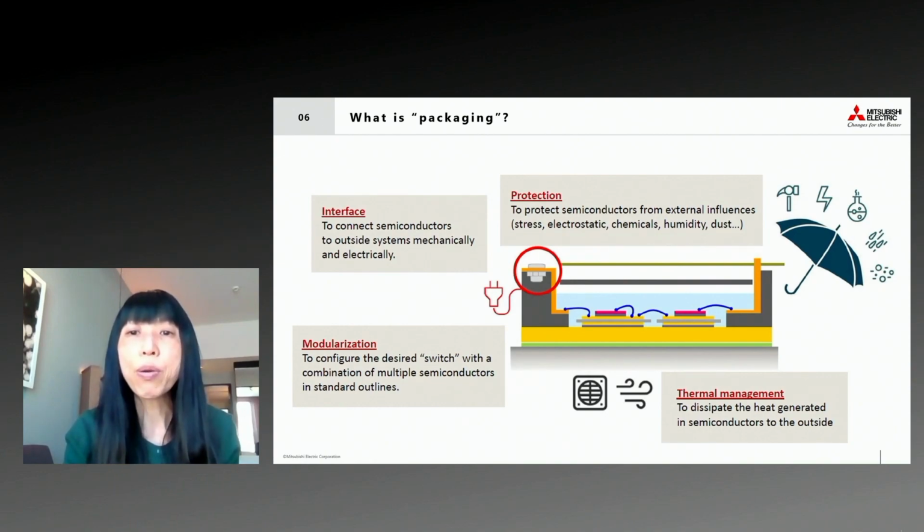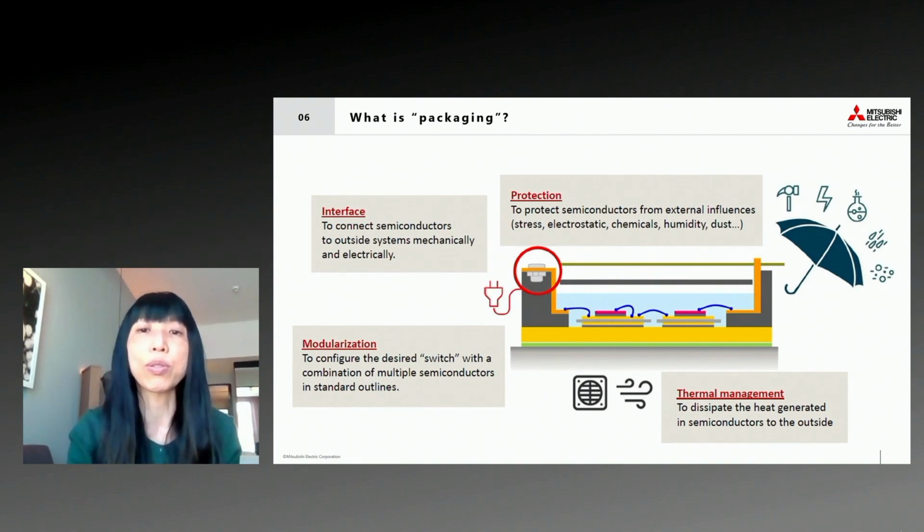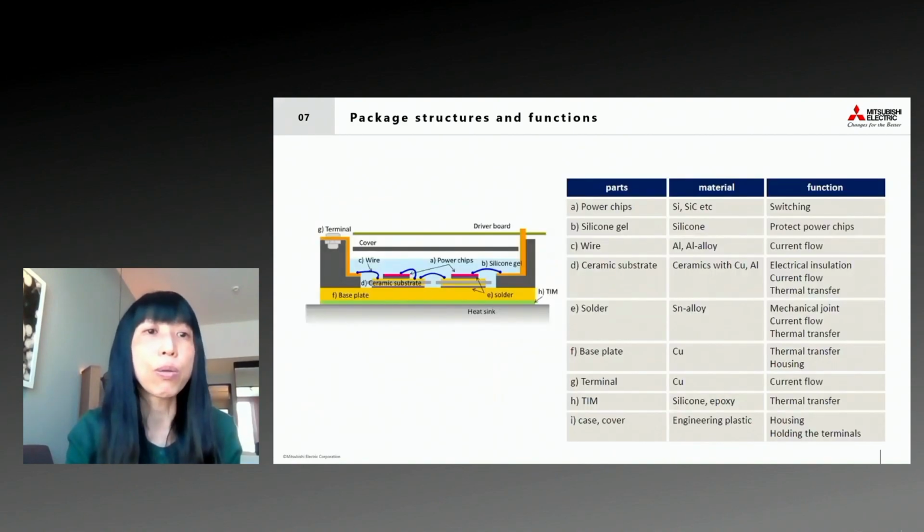There are four main roles of the packaging: to protect the semiconductors, to make electrical interface to external systems, to modularize the functions, and to dissipate heat. Okay, I will skip it.